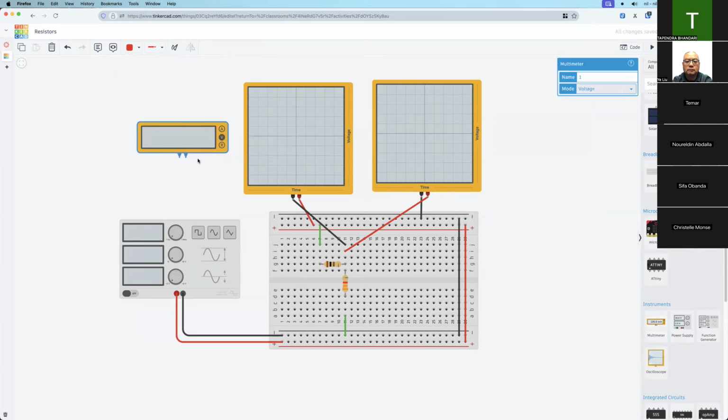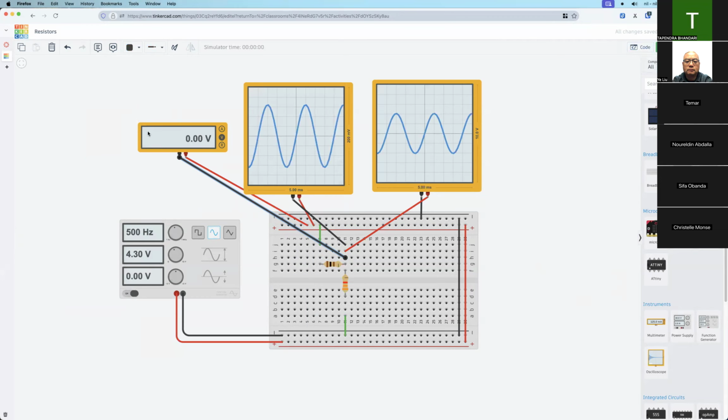This is the multimeter, and as I said before, this one can only measure DC voltage. For a sine wave, the DC average is just 0, right? So when we start the simulation, you can see this number just stays at 0. This is the reason we have to use the oscilloscope in Tinkercad.